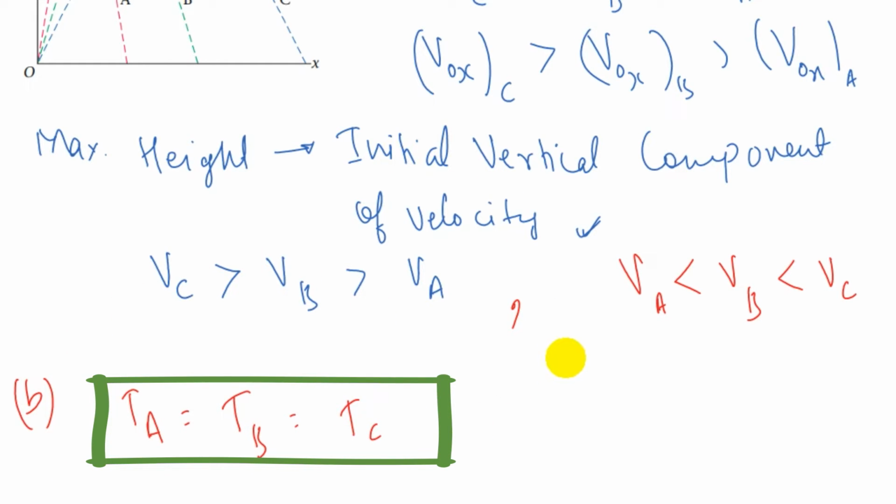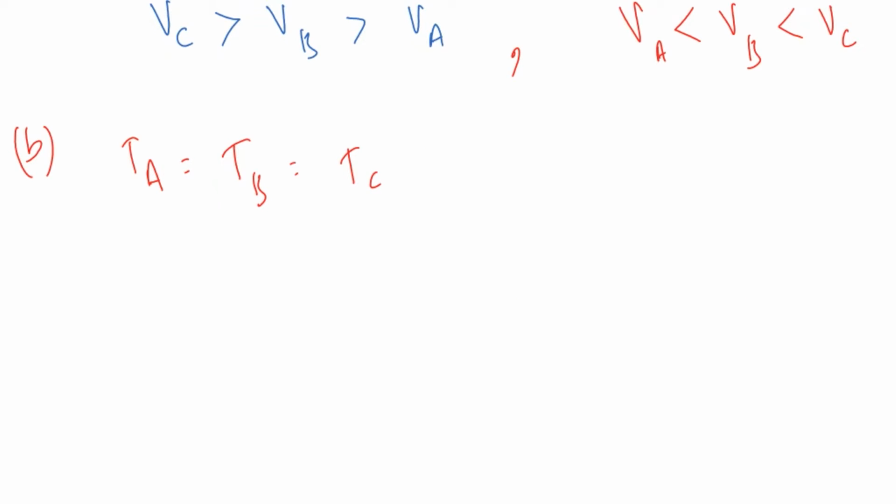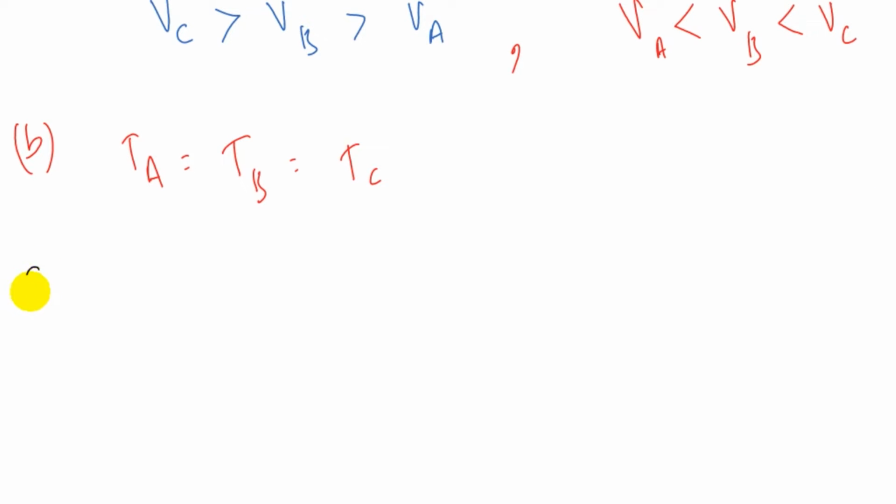This is conceptually. If you want to verify this answer by using the formulas that we derived, we can prove it from that point of view also. So let's try to prove these results by using the formulas that we derived. Now we'll prove the A part first. Now we studied that range is v0 squared over g times sine 2 theta.